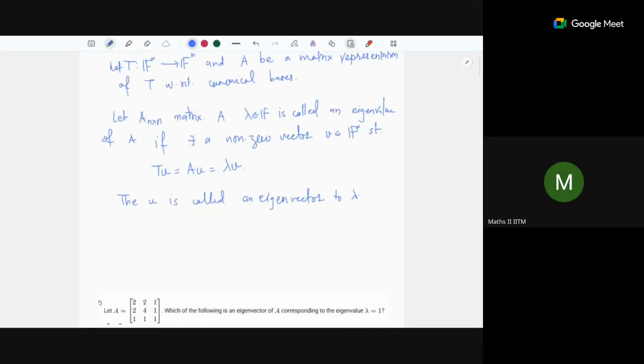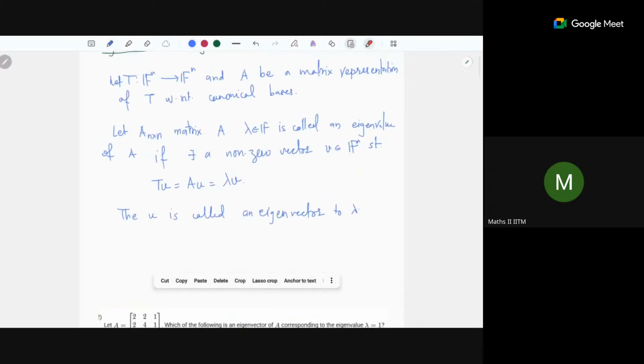Using this equation, how do we find the eigenvalue? We look at AV minus lambda IV is equal to 0. That means this defines an operator A minus lambda I that acts on V and gives you 0.